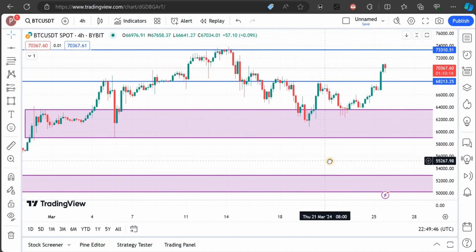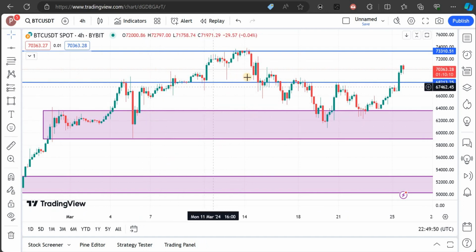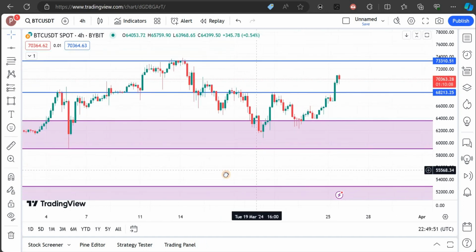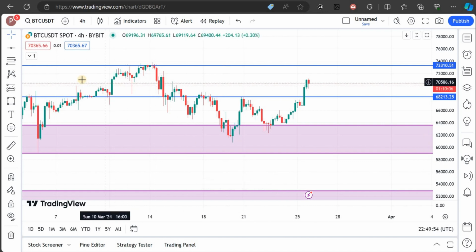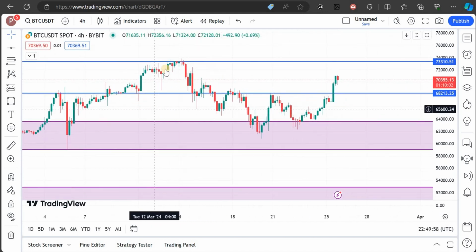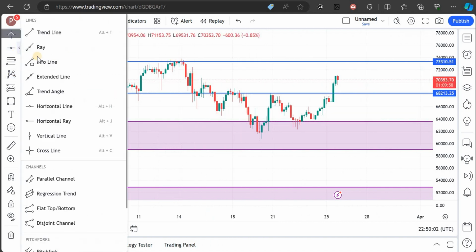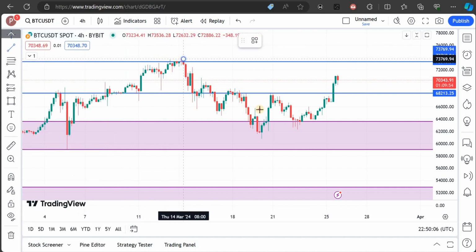Now you can see that there is something more trending compared to the previous. What has happened here is that the market formed a trend downward, so you can draw your trend line here, like this.